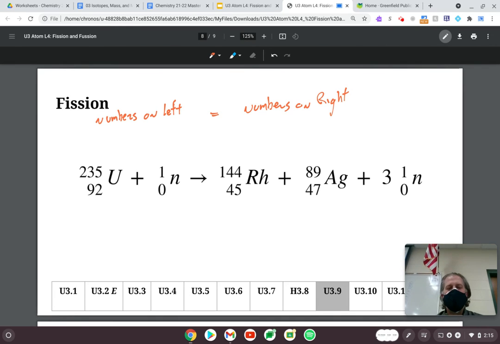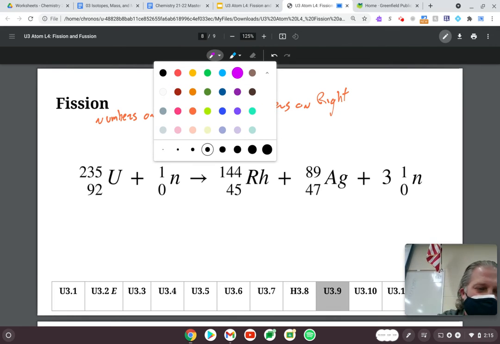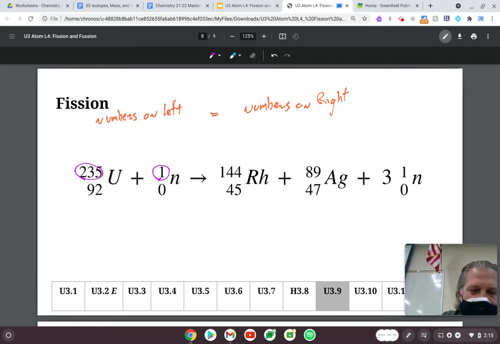Now, what I mean by that is I'm going to take a look at the numbers I have on my left. I want to identify how many total are on my left. So here's my mass number for uranium, and here's my mass number for the neutron that's going to be put into the unstable atom of uranium. So 235 plus 1 is 236, which means that on the right-hand side, everything has to add up to 236.